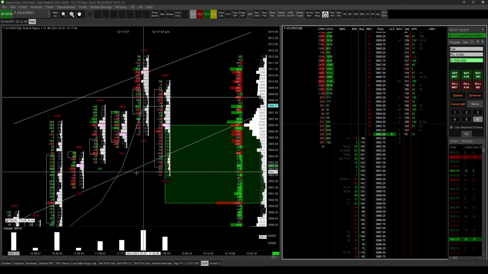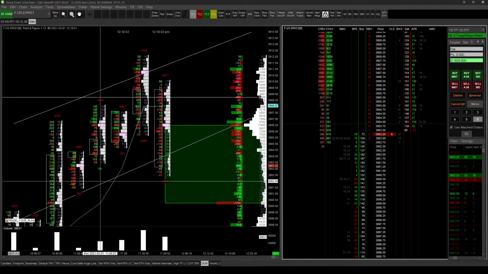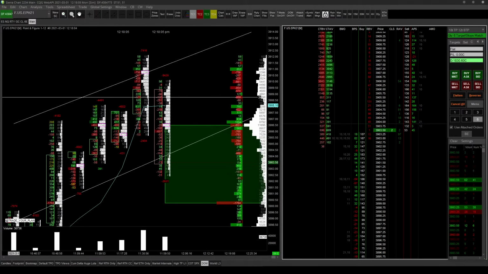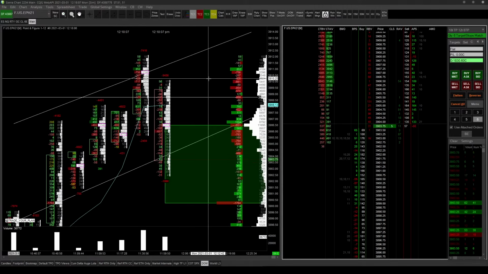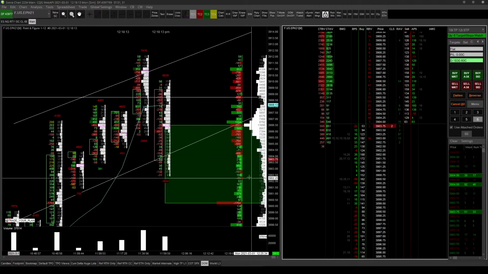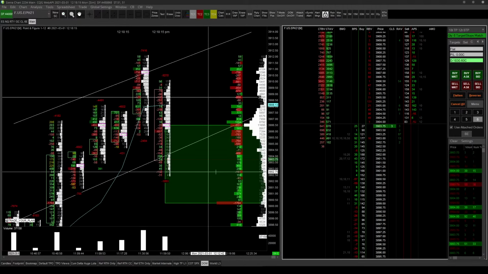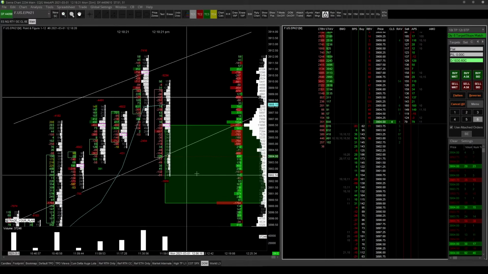Not a ton of interest yet. And if each of you guys listening trade 2 contracts, that's 20 contracts at a level. Hey, could turn out to be significant.